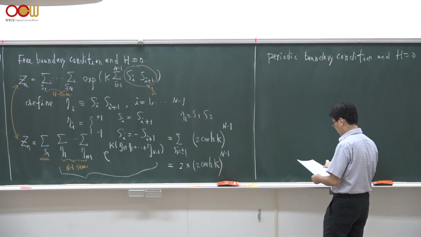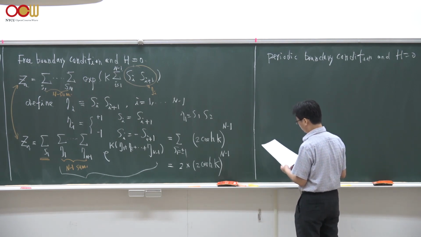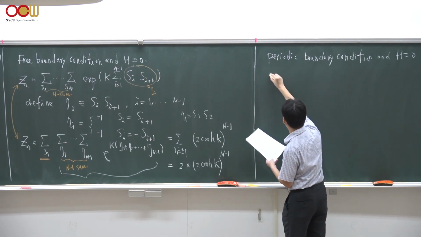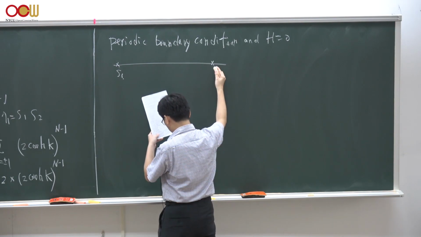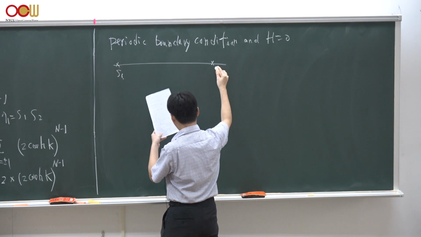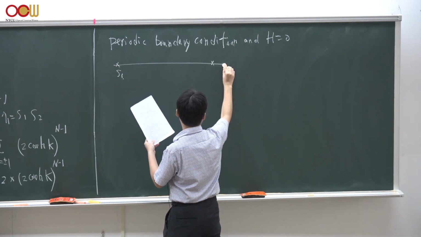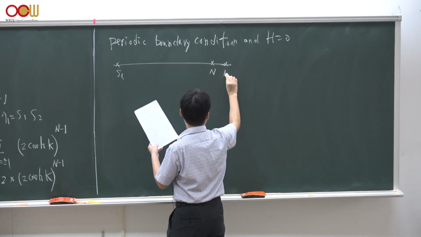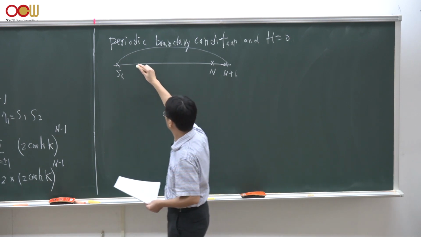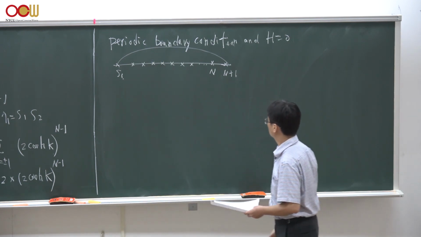But there is a second boundary condition, which we call the periodic boundary condition, namely the spin on site 1 is actually the same as the spin on site n plus 1. So it's kind of a periodic array of a one-dimensional spin chain.